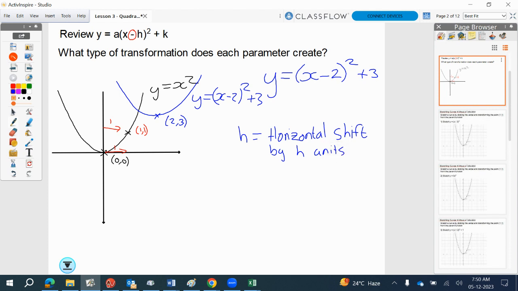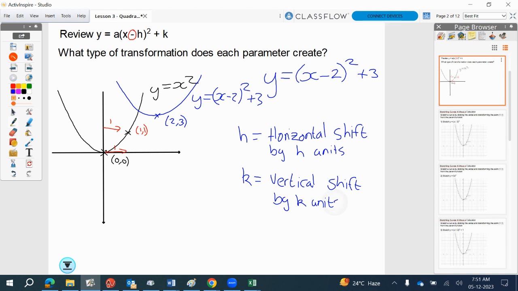Now, if h is positive, we go right. If h is negative, we go left. In this case, h is plus 2, so we have a horizontal shift right 2 units. k is a vertical shift by k units.